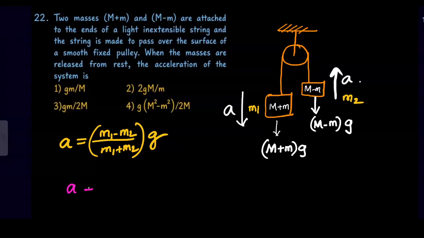So how much now? Option A is the answer. So here g is small m by capital M now.